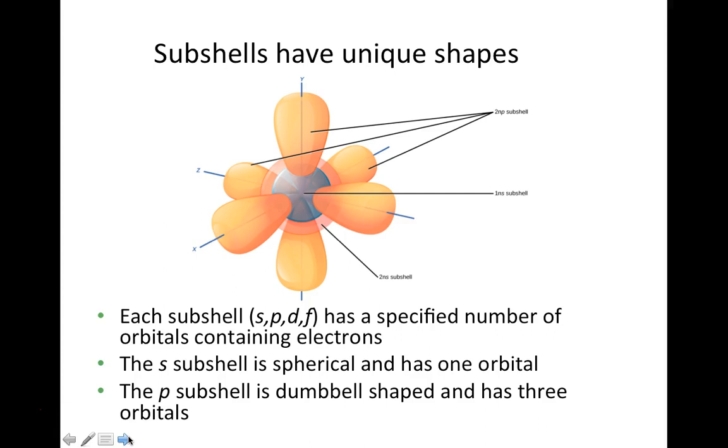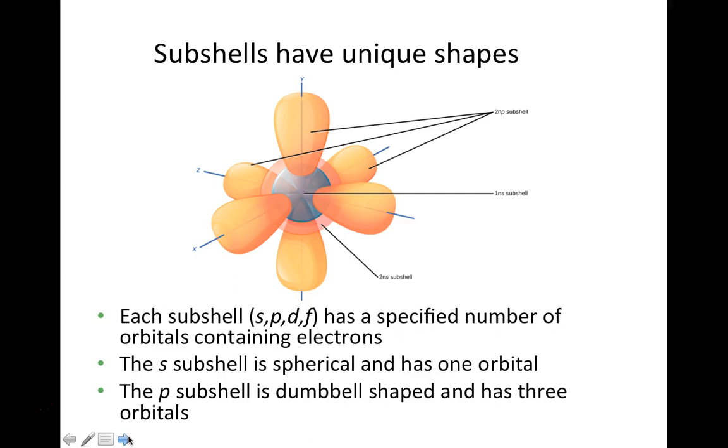The subshells' unique shapes are all given letter designations. Each subshell has a specific number of orbitals within which we can find pairs of electrons, and the SPDF is the way that scientists, chemists, and physicists especially designate these different energy levels.